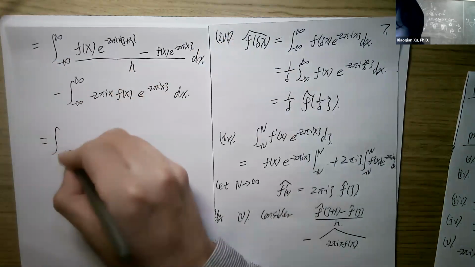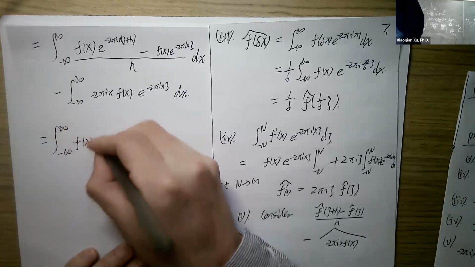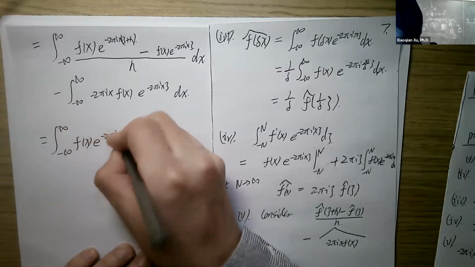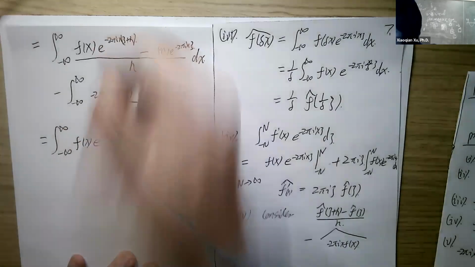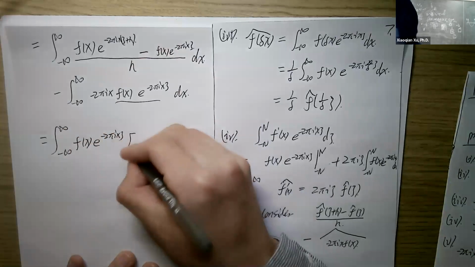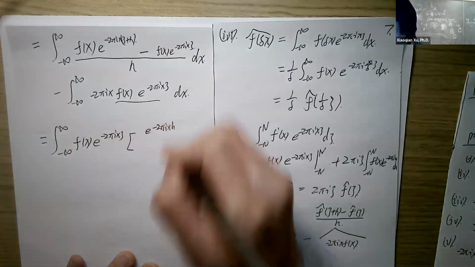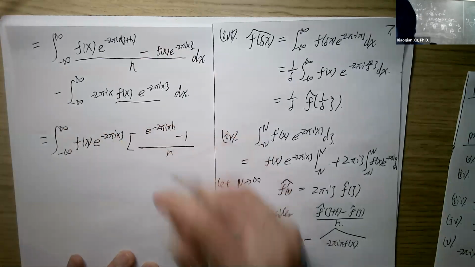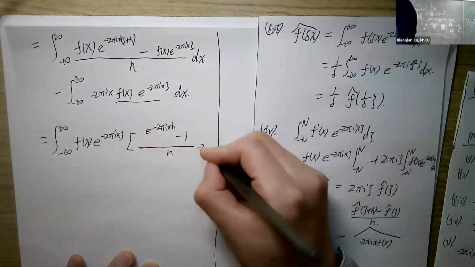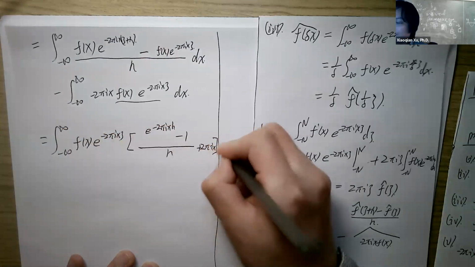So this is nothing but the integral from minus infinity to infinity, where we take out all the common factors: e to the minus 2 pi i x xi, f(x), and times the quantity e to the minus 2 pi i x h minus 1, divided by h, plus 2 pi i x, dx.